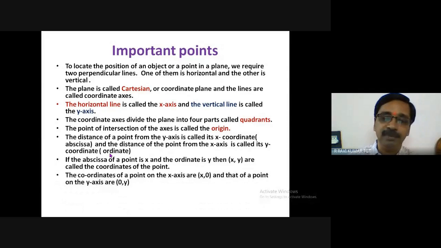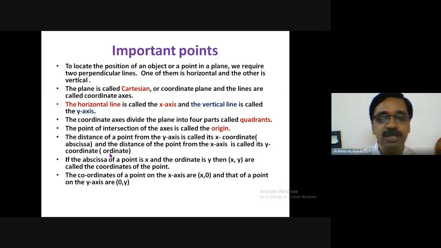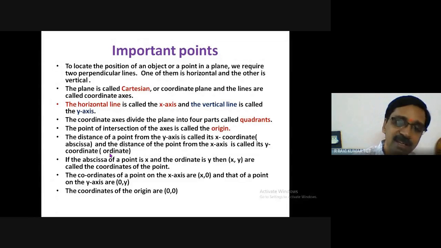Then the coordinates of a point on the x-axis are of the form (x, 0), and the points on the y-axis are of the form (0, y). So on the x-axis, the y-coordinate is 0, and on the y-axis, the x-coordinate is 0. These things you have to remember. The coordinates of the origin are (0, 0).